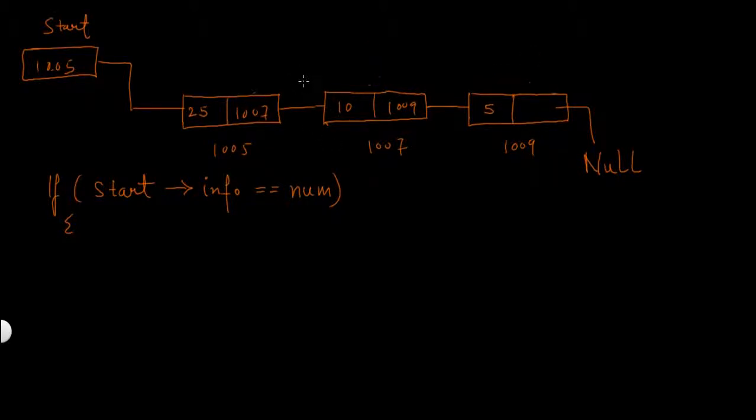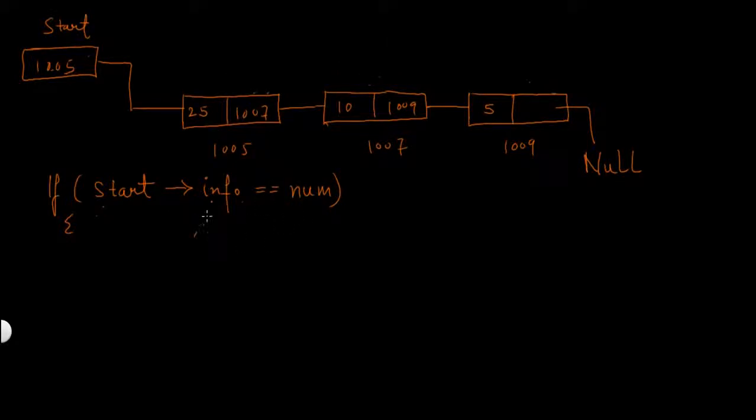So let's take case 1 first: the node to be deleted is the first node in the list. If the first node is deleted, then the second node will become the first node in the list, and in that case start needs to be changed. Start should now store the address of this node because this node is the first node in the list now.